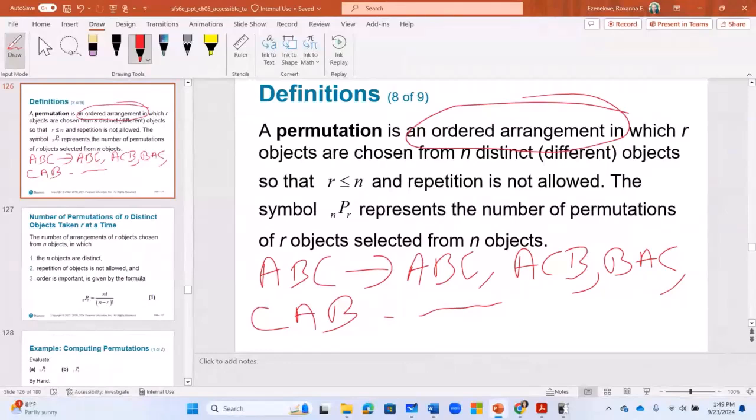Another thing you need to know is that if it's a combination, sometimes order does not make sense. If I'm talking about human beings and I'm selecting a committee of 5, no matter how biased I am, I cannot put Grace as number 1 member of the committee. Grace is number 2 member of the committee. Oh, Grace, you're number 3 because I love you. You're a member of my class. You're a good student. Oh, Grace, you're number 4. Grace, you're number 5.